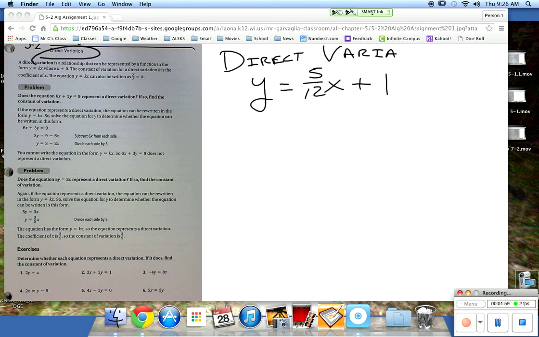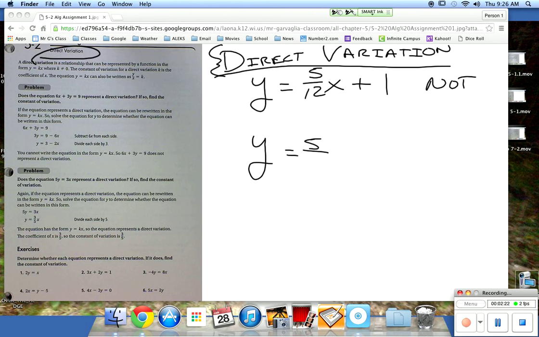I don't want you to confuse this, because we are going to learn eventually the slope-intercept formula, which does look like this, by the way. We're just working right now with direct variation. So if you have something like this, this is not a direct variation. If you have something like this, this is a direct variation.